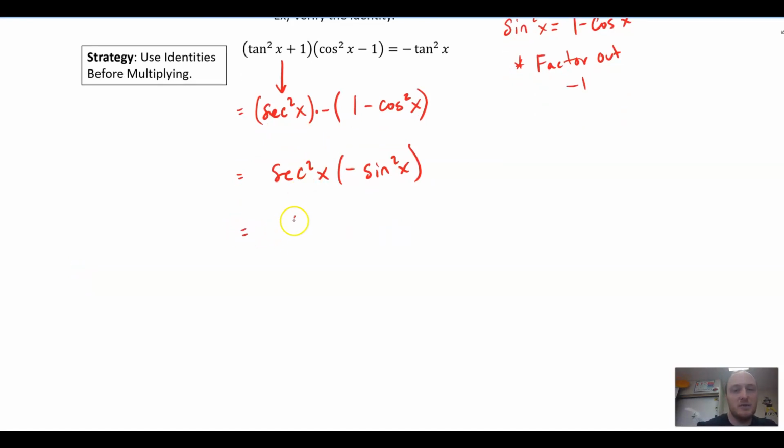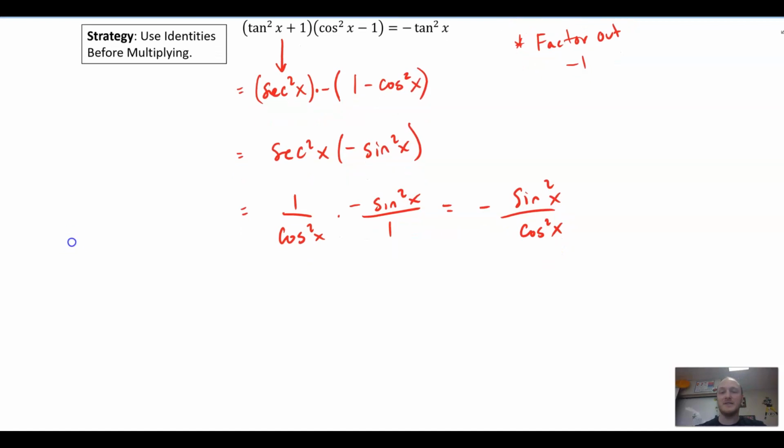Well, secant squared is 1 over cosine squared x, times negative sine squared x over 1, which, if I combine them, is negative sine squared x over cosine squared x. And sine over cosine is what? Tangent squared x, right? And it is negative. And we did show what we wanted to show.